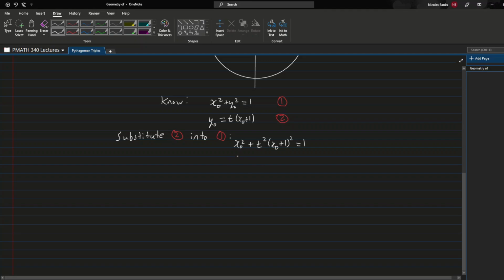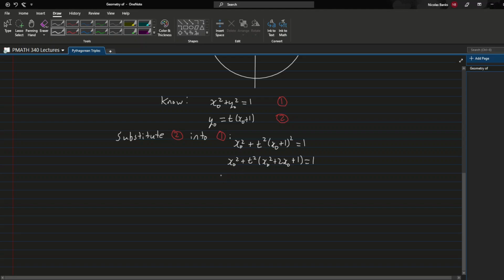Expand that bracket a little bit, we get x0 squared plus t squared times (x0 squared plus 2x0 plus 1) equals 1. And now I'm going to skip a couple steps just to save time, but what we want to do is collect terms by the degree of x0.